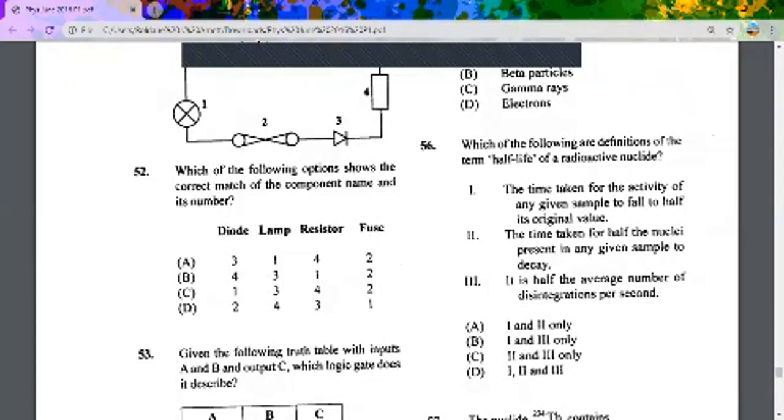The time taken for half the nuclei present in any given sample to decay. Yes. And let's see what 3 says. 3 says it is half the average number of disintegrations per second. No, brother, no. That's out. All of the options that have 3 in it must come out. 3 spoils the entire crop. So it is A.